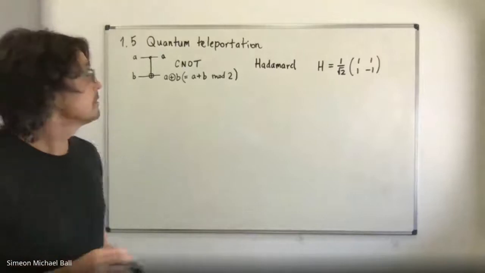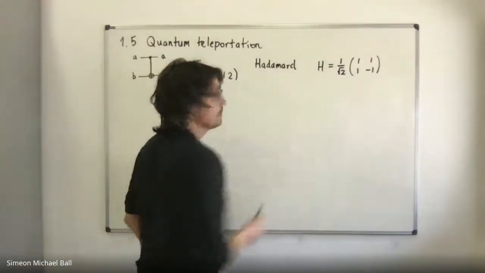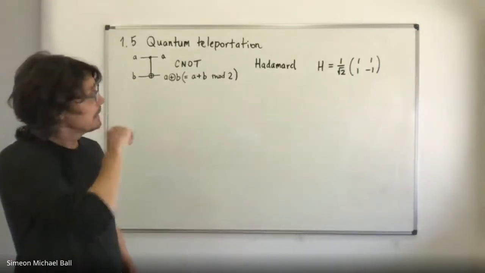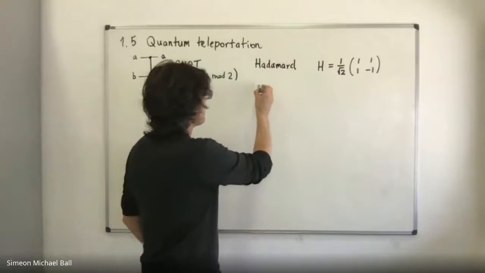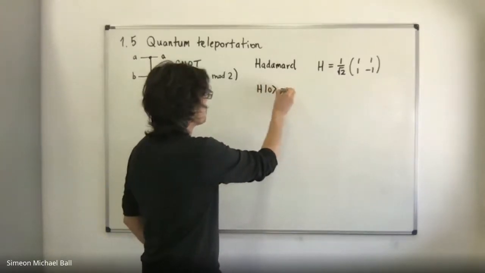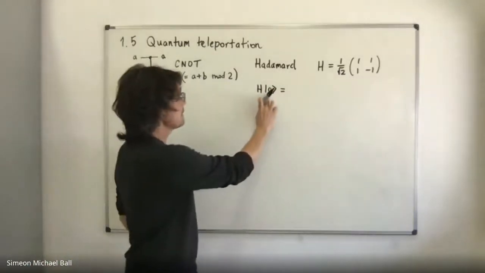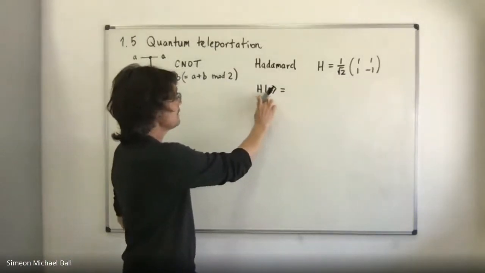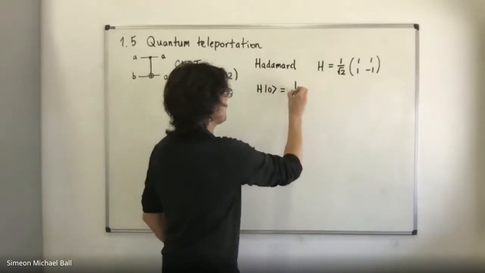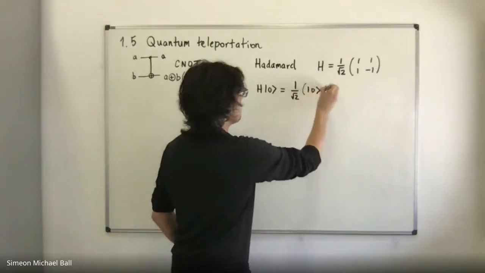So if you do H Hermitian with H, you will get the identity. Because we will be using it, just recall that what they call the computational basis, our basis with 0 and 1, kept 0 and kept 1. So H of 0, this will be the first column here. So we just get 1 over root 2, 0 plus 1.